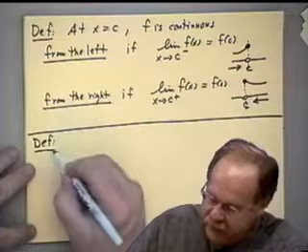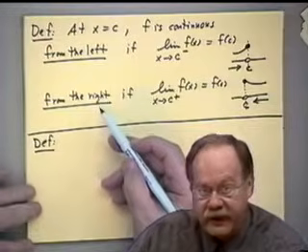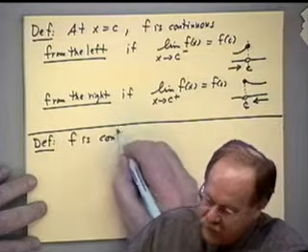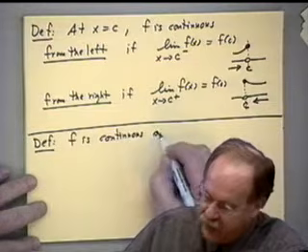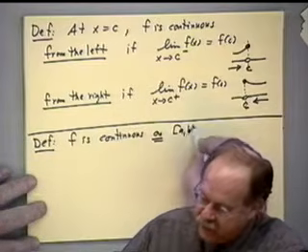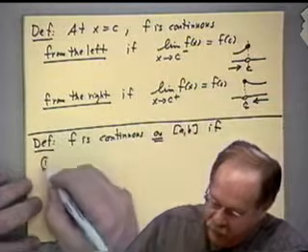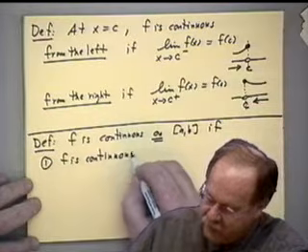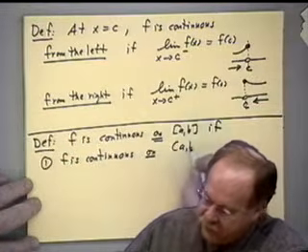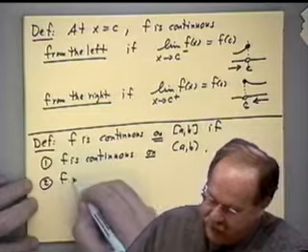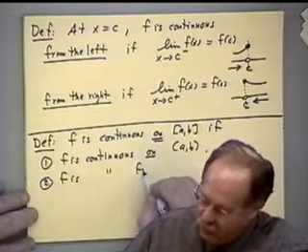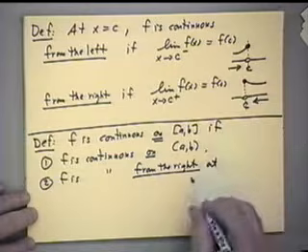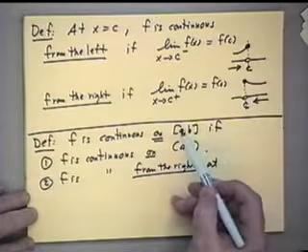So, with that in mind, having from the left and from the right continuity defined, we can go ahead and define continuity on a closed interval. F is continuous on the entire closed interval AB if F is continuous on all the interior parts, if it's continuous on the open interval, f is continuous from the right at A, because if we're at A, the only way we can approach A is from the right.